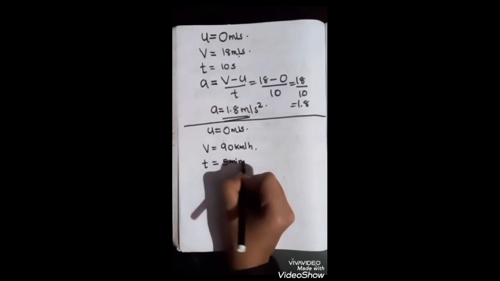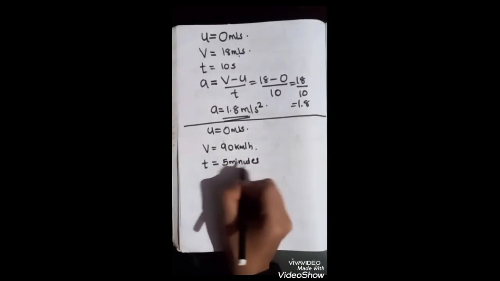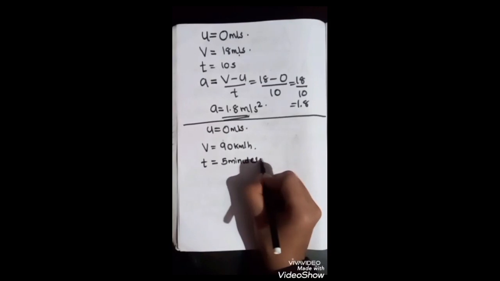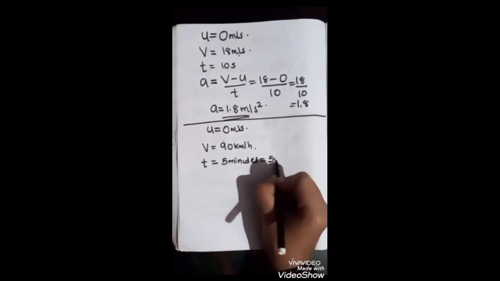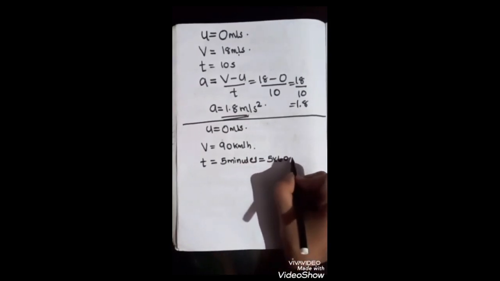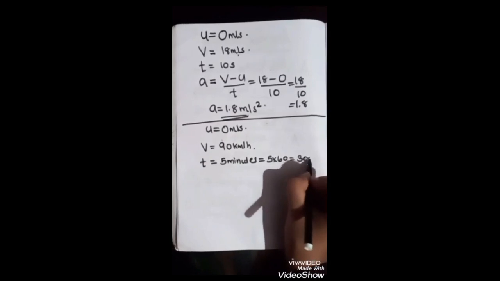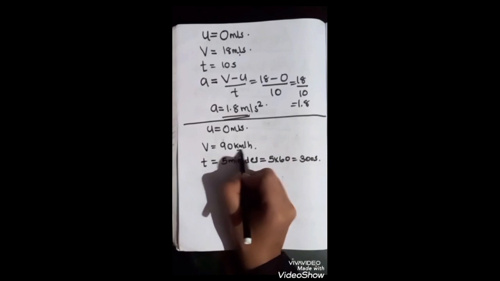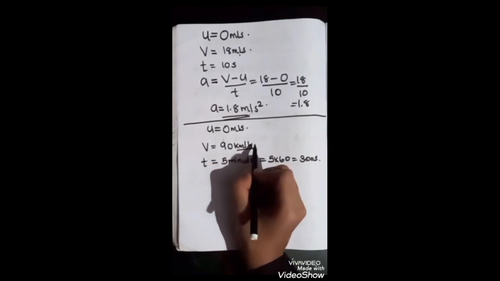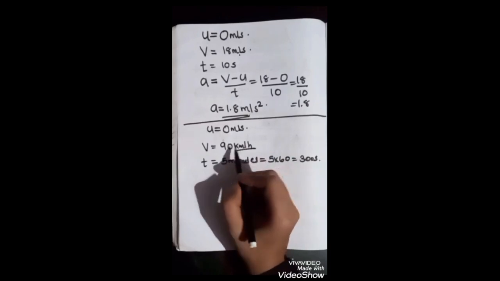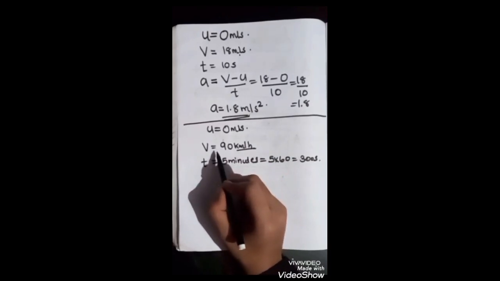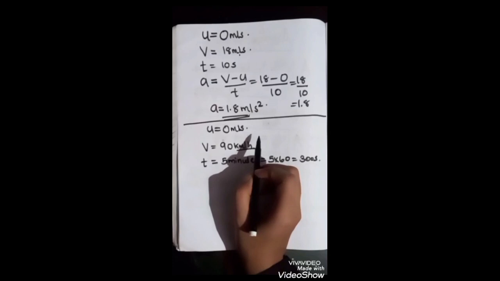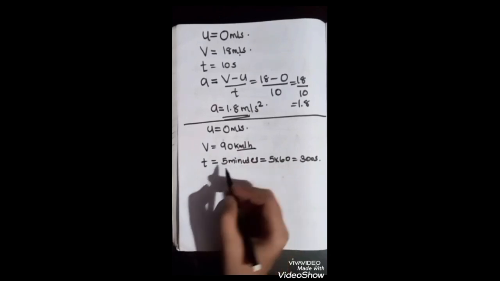Here the 5 minutes can be changed into seconds, that is 5 into 60, that is equal to 300 seconds. Then here the velocity is given in kilometer per hour, so we have to change it into meter per second. How can we convert the value of velocity in kilometer per hour into meter per second? Do you remember that?